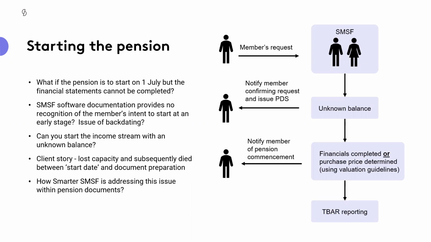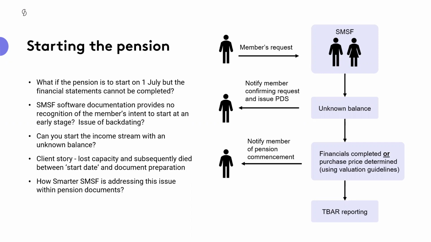So one of the things that I wanted to share today, and really was a catalyst to a lot of the discussion here, is introducing multiple concepts in the way in which the pension documents can be created. We had one of our members ring us a few months ago, and we were talking about the fact that an individual member was about to start, or had intended on starting, the pension at the 1st of July.